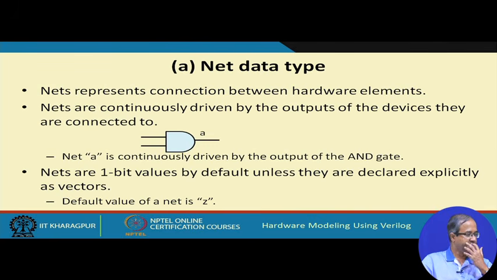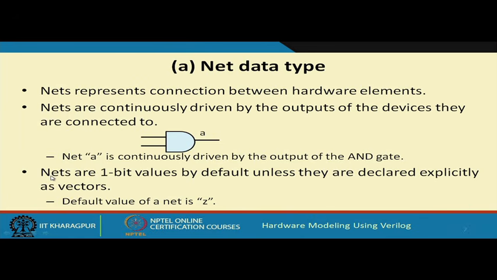Now, coming to the net data type, we have already explained it in some detail. Net represents a connection between hardware elements. Suppose this output A is a net; it is continuously driven by the output of the gate it is connected to. So, whenever the input of this gate changes, the gate output will change and the value of A will also change immediately.